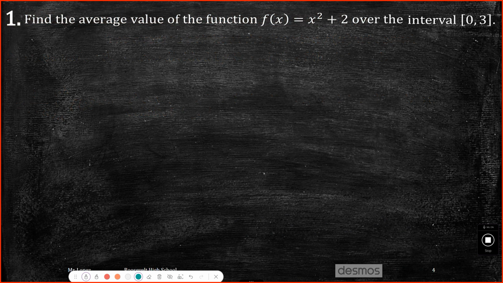Find the average value of the function F of X equal x squared plus 2 over the interval from 0 to 3. Well, if we just go off of the formula, it's pretty straightforward.